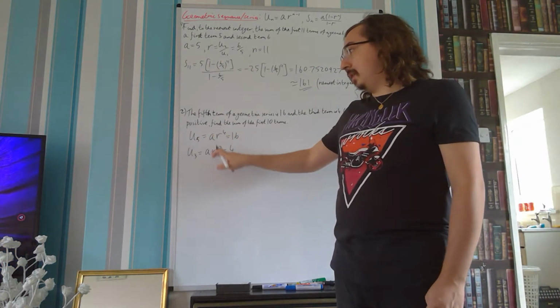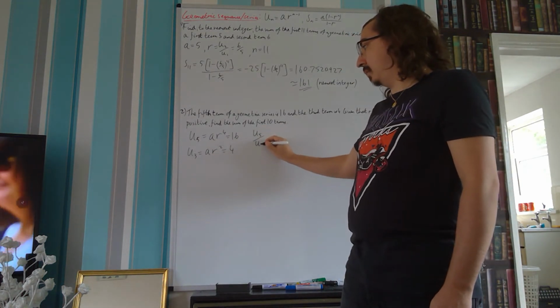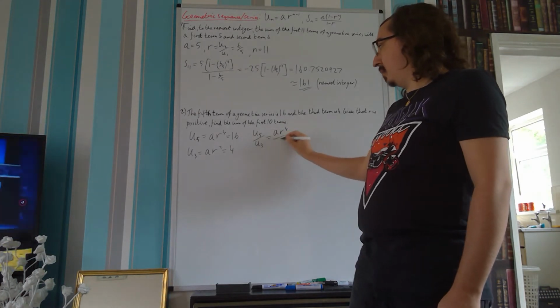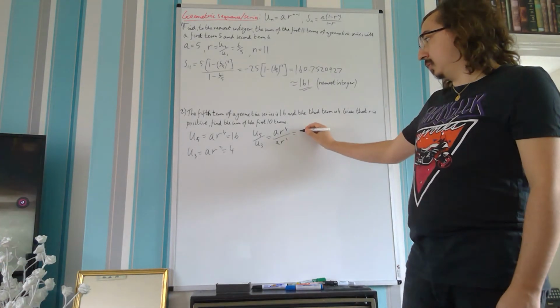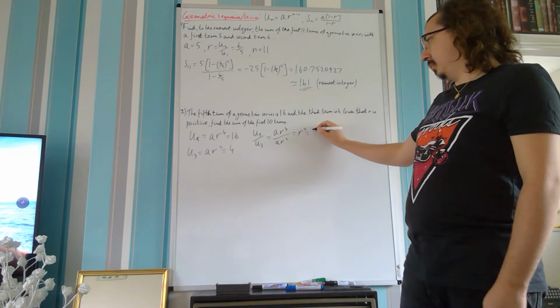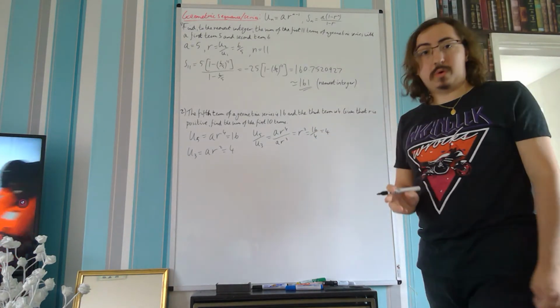And if we divide these two terms, so u5 divided by u3, we get a r to the 4 divided by a r squared, which when we simplify gets us r squared is equal to 16/4, or in other words, 4.